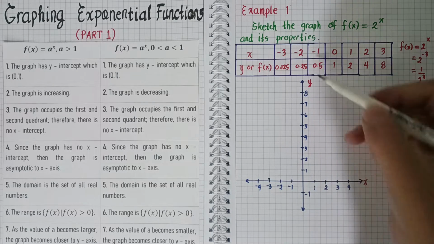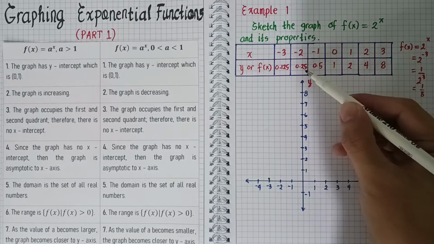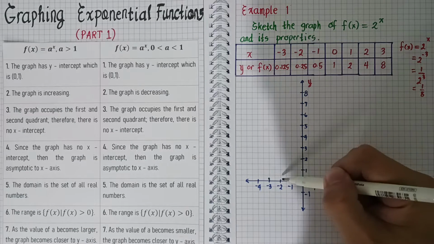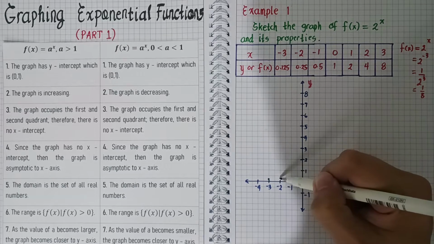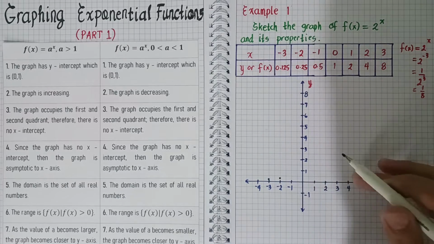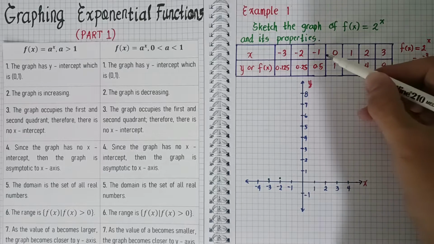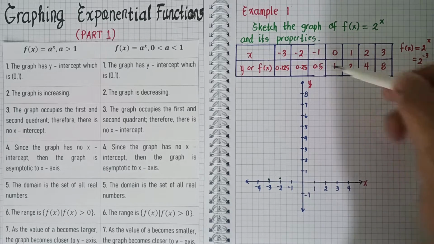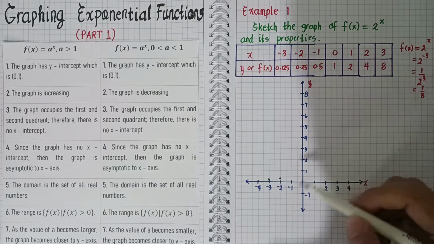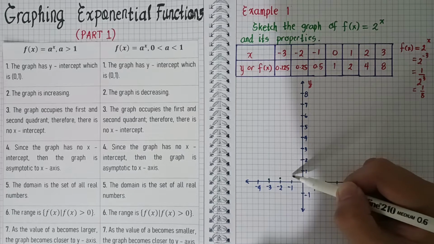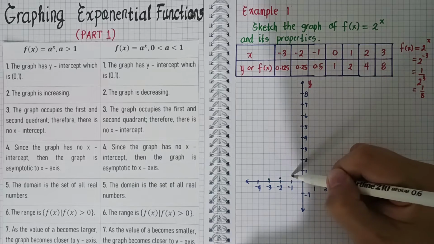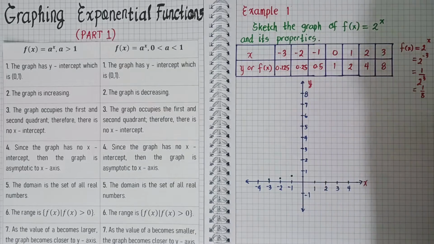And then, negative 2 and 0.25. So, nandito siya. Ayan, medyo tumaas ng konti. And, of course, negative 1 and then 0.5. Your x is negative 1, ito yun. Your y is 0.5. So, nandito siya, guys. So, huwag kayo malilito kapag nagpa-plot kayo.